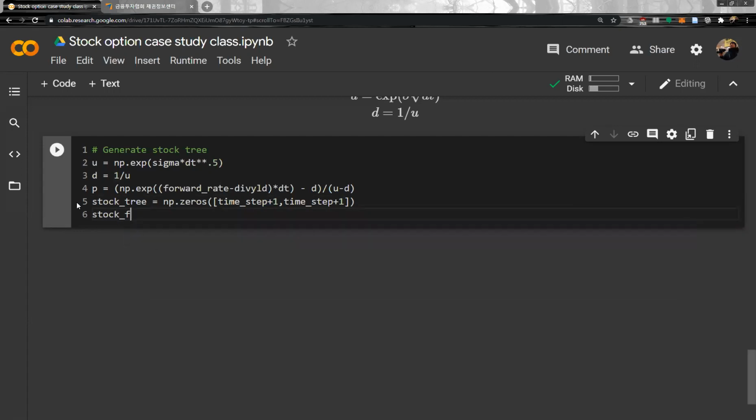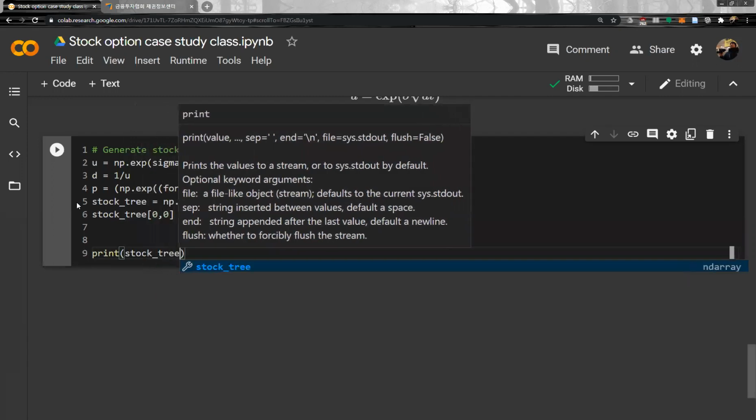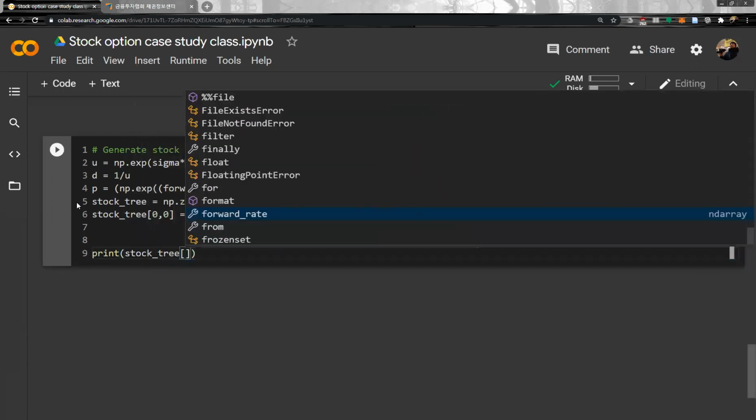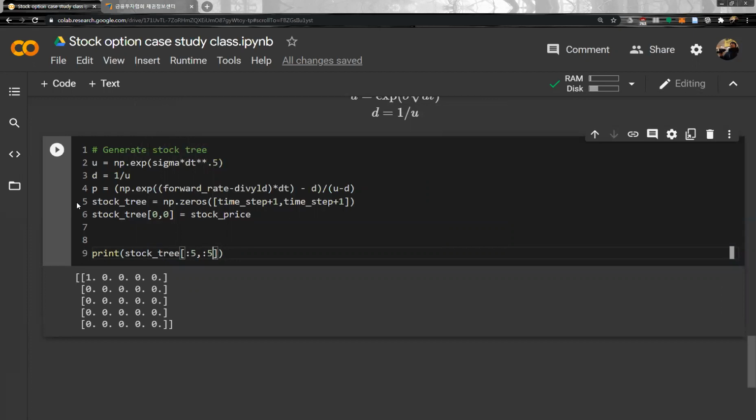So the stock tree starting value is the stock price. And then we are gonna make it a binomial tree. First let me print the stock tree to 5 by 5.